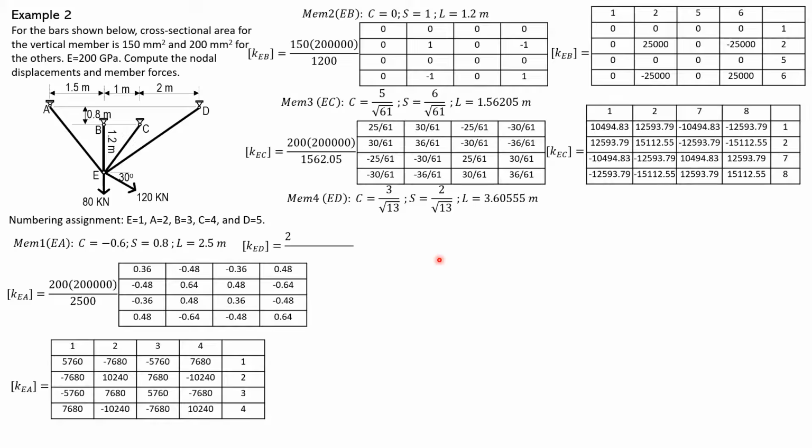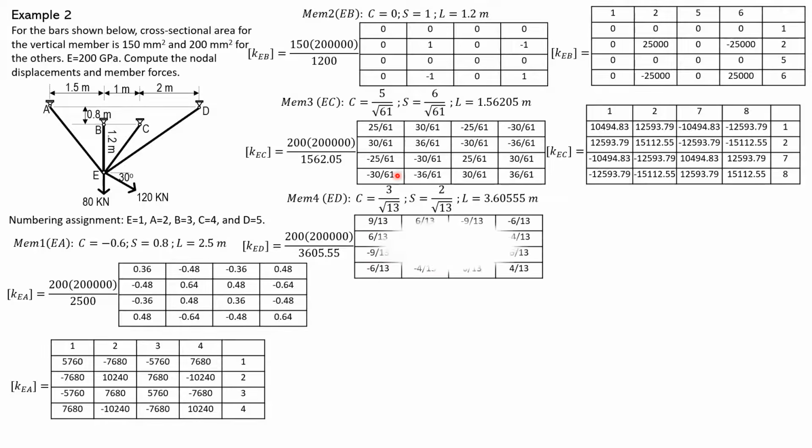Then its stiffness is area, 200, modulus of elasticity, 200,000, divided by length, times c square, square of 3 over square root of 13 is 9 over 13. Then c times s, so 6 over 13. Then the negatives, this is cs, and this is s square, so 4 over 13.